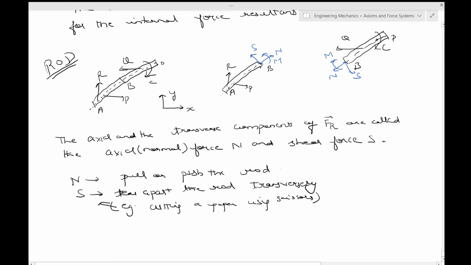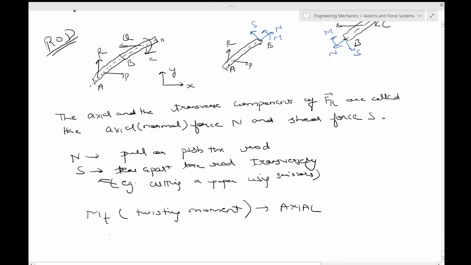Similarly, the axial and the transverse components of CR, okay, the equivalent moment, is called the MT, which is twisting moment. This is axial, okay, and MB, it is the transverse.